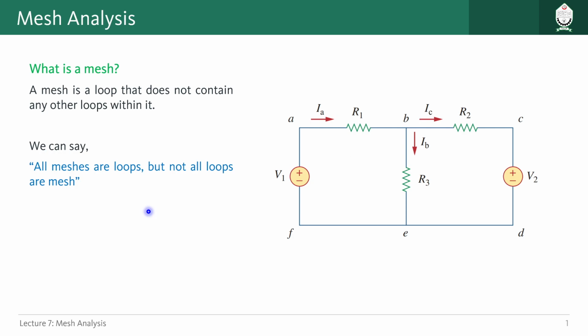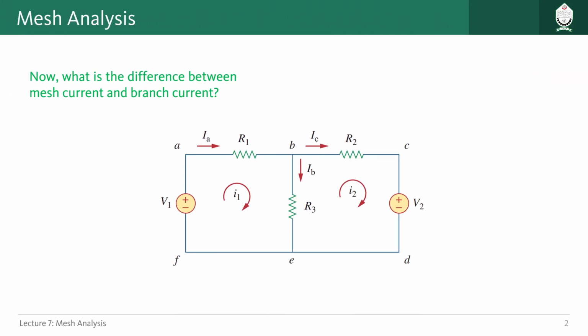Okay. Then for this analysis, mesh analysis, what we have to do basically is that we have to calculate the mesh currents for each of the meshes. So what is mesh current? We need to understand that first, right? Previously, for all the analysis we have done, we have actually calculated the branch currents for each of the branches.